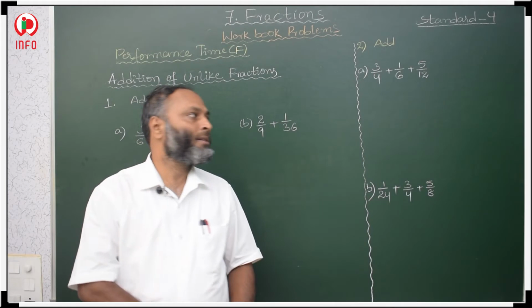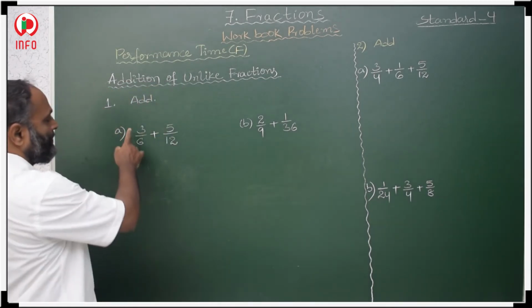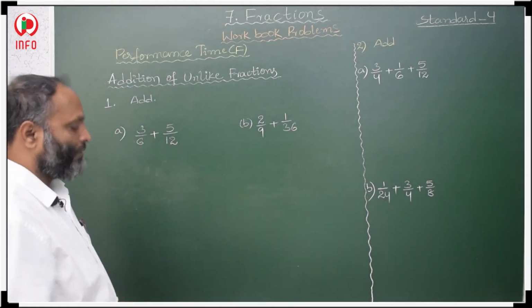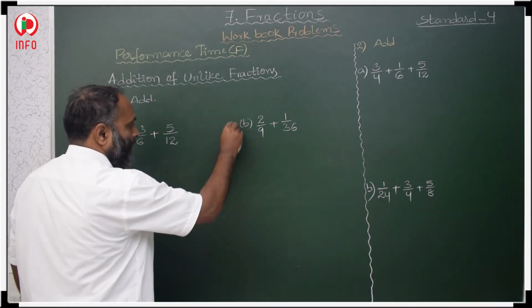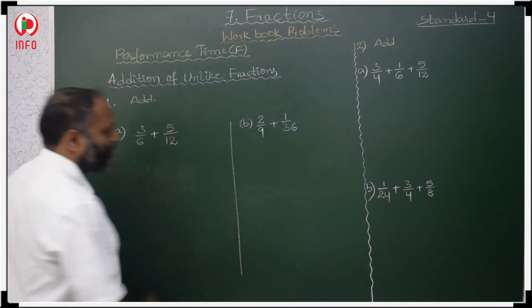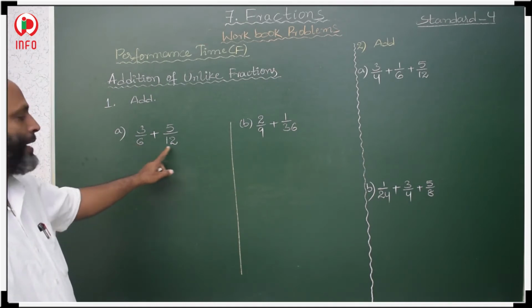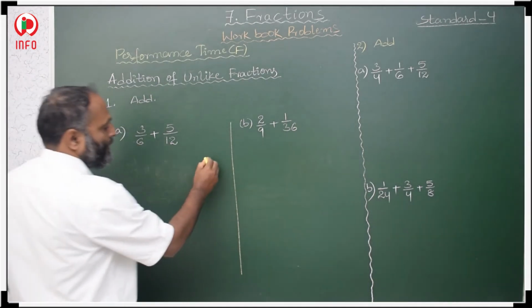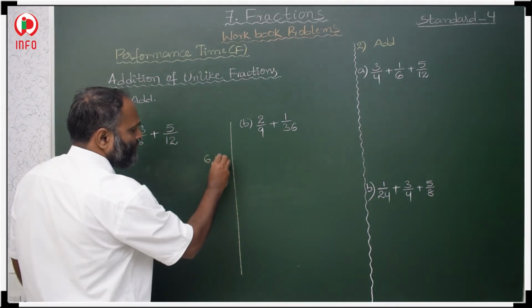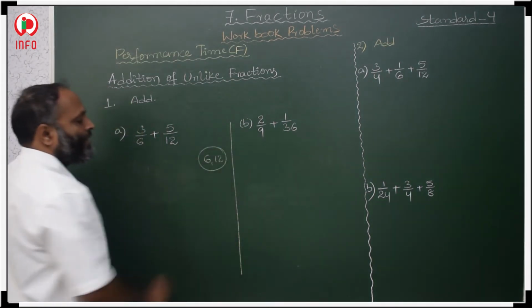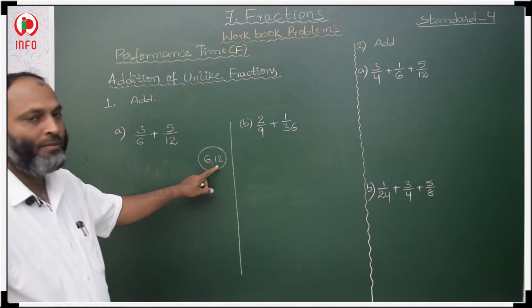Okay? See here, the first question: 3 by 6 and 5 by 12. So, how to add these unlike fractions? First we have to take the LCM of these denominators, 6 and 12. When you see these two numbers, 6 is a factor of 12.